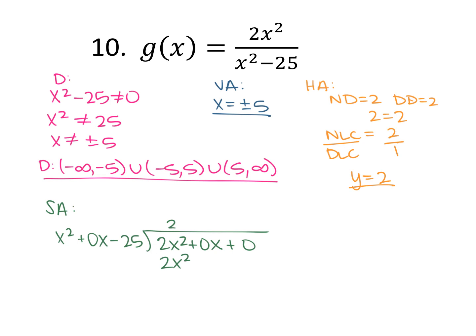However, that's not giving you an x, so this would be none for your slant asymptote. So y is equal to 2 is already your horizontal asymptote, which is why we automatically say none for our slant asymptote. For our holes, we would also have none because you cannot factor anything from the top and cancel anything out.